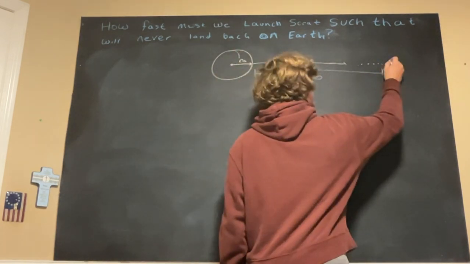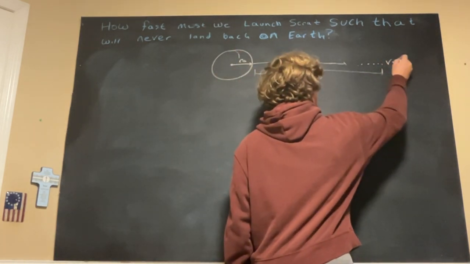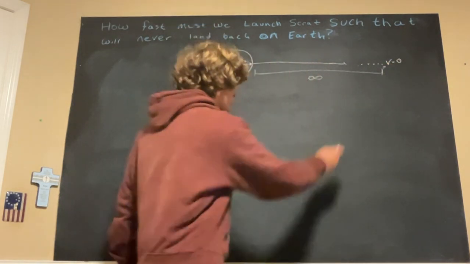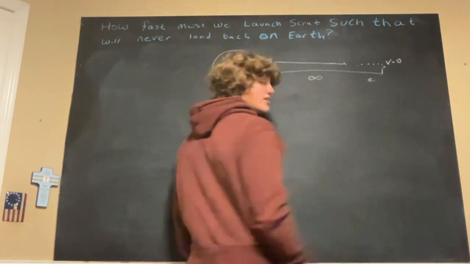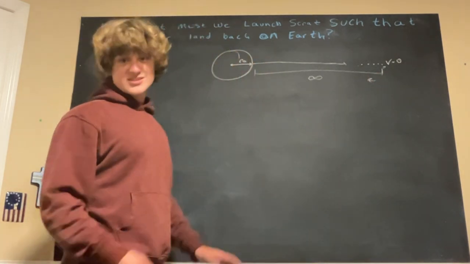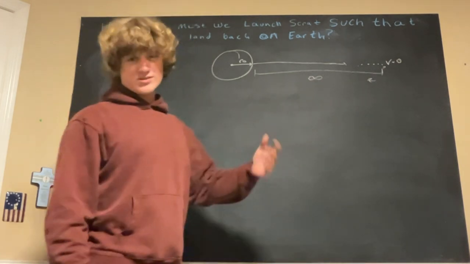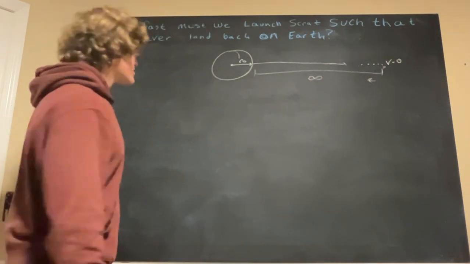So he has a velocity of 0 right here. He's not moving anymore, but he's infinitely far away, so there's no force of gravity pulling him towards the center. So he just stays there forever. This is hypothetical, because he would never reach this point. He'd just keep on going slower and slower forever.